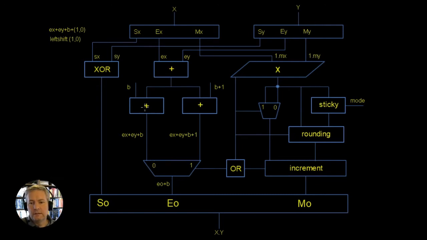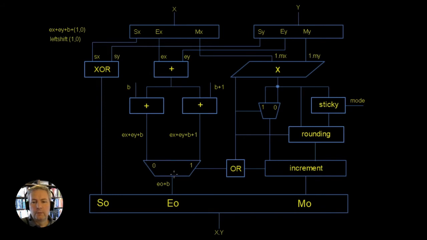So what we are doing with this adder here and this adder here is we're making a copy of the two possible outputs, ex plus ey plus b plus 1, which is here, and just ex plus ey plus b, which is this one here. So we've added the plus b on in here, and we've added the b plus 1 on in this one.